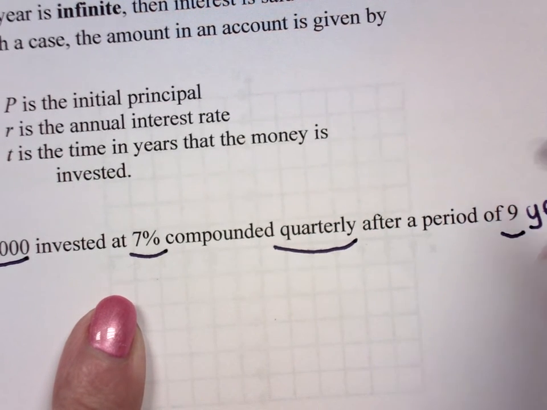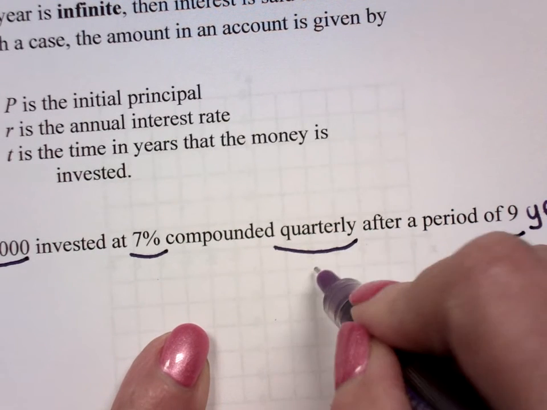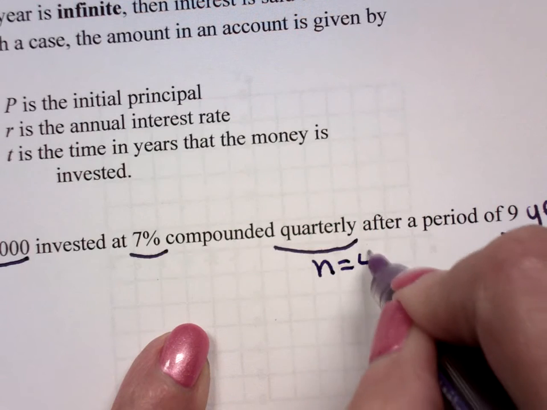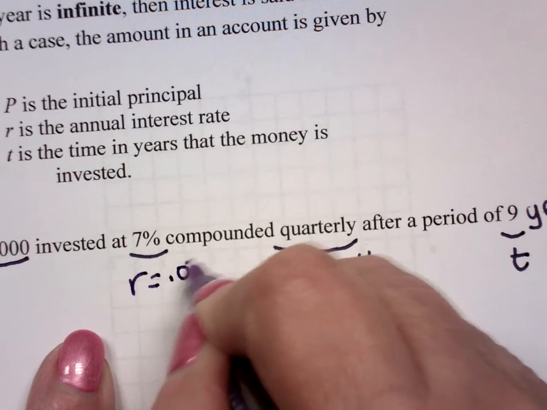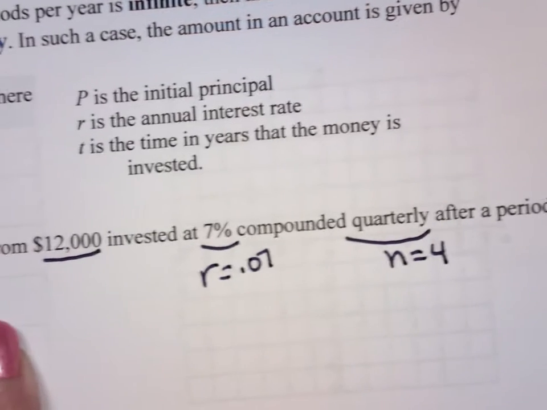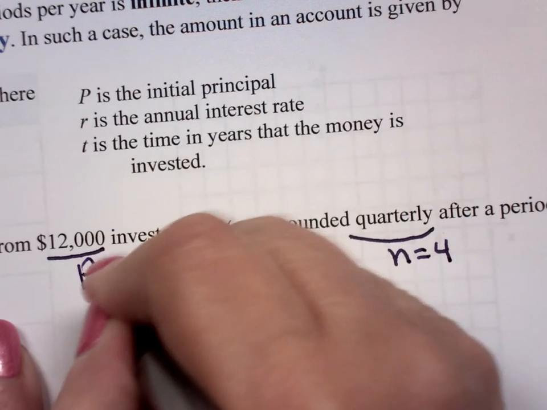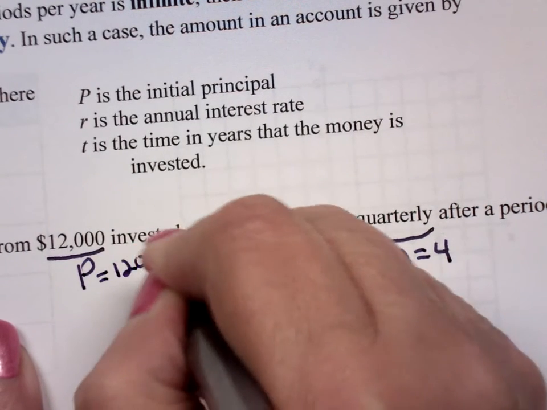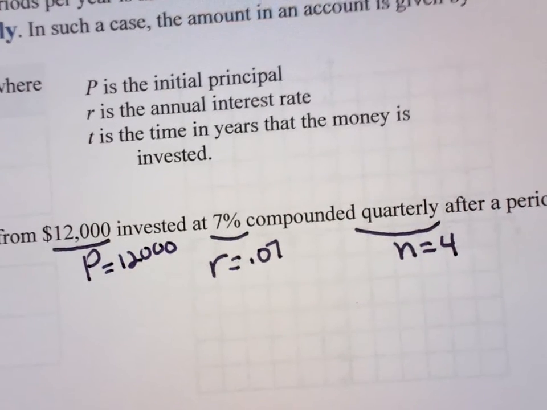Well, what we get is t is 9 in the formula I'm going to be using. n is 4. r is the rate, it's 0.07, so you change the percent to a decimal. And P is the original amount, 12,000. Now you need your calculators. There's no way around it for this stuff.